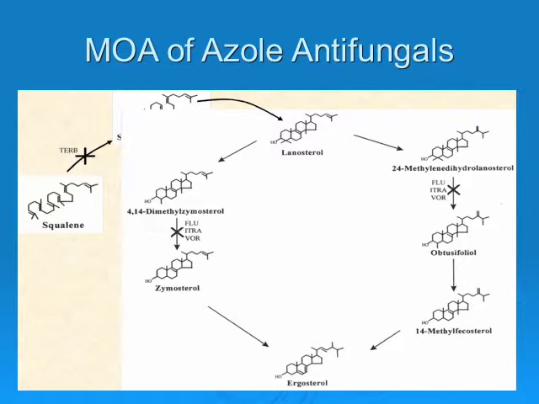A combination of these actions results in profound damage to the cell membrane of the fungi. Interestingly, it tends to result in a more fungistatic effect on Candida, whereas there is more fungicidal activity versus Aspergillus, obviously only for those azoles that are active against Aspergillus.